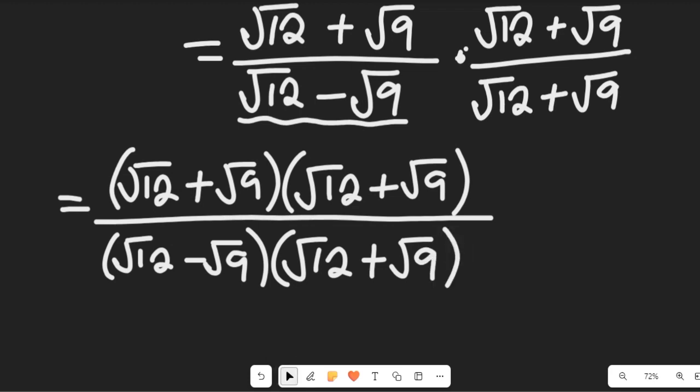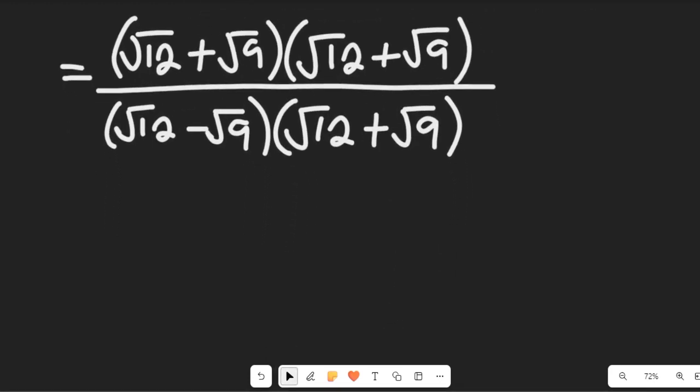From the denominator, you can see that we simply have a difference of two squares, so we simplify that.